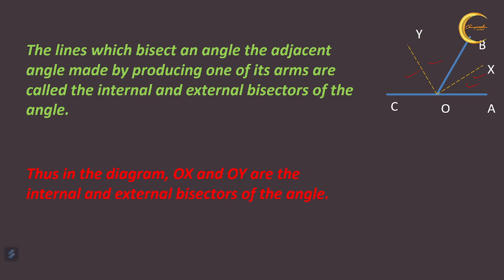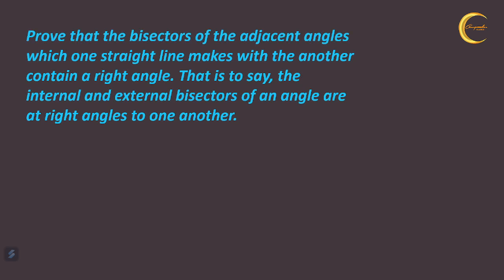Now comes the next problem, which is related to this write-up. Now let's start the next problem. Prove that the bisectors of the adjacent angles, this term adjacent angle is the important one, which one straight line makes with another contain a right angle.